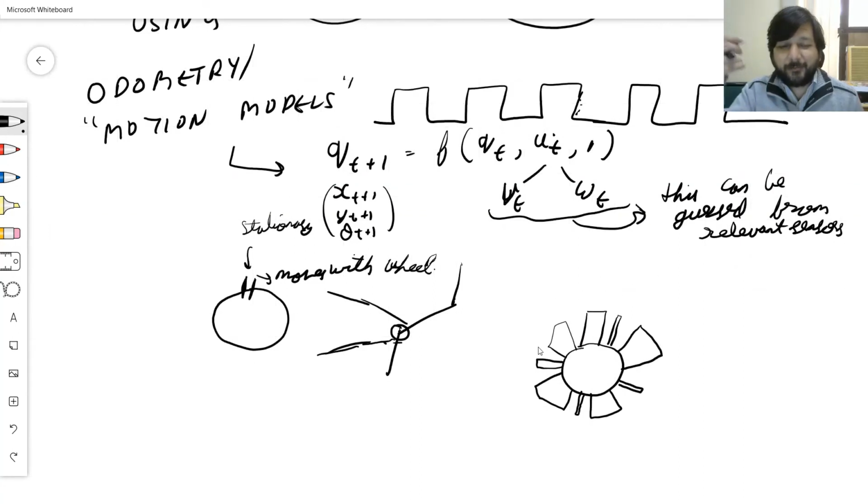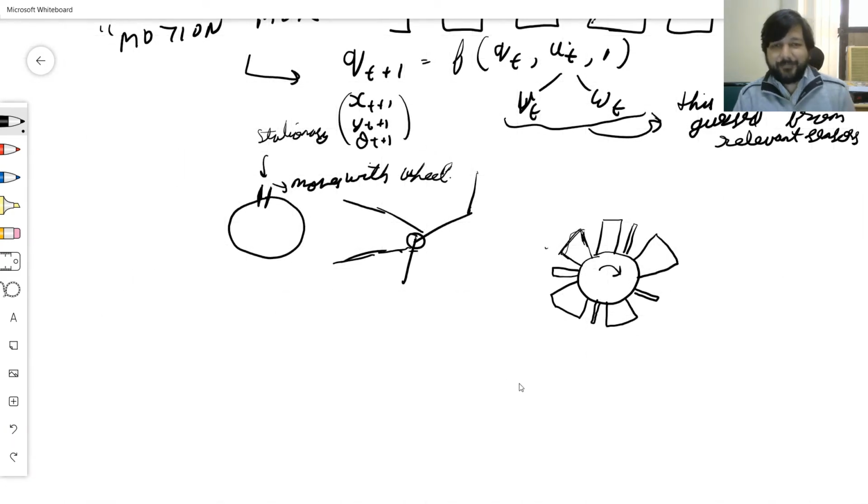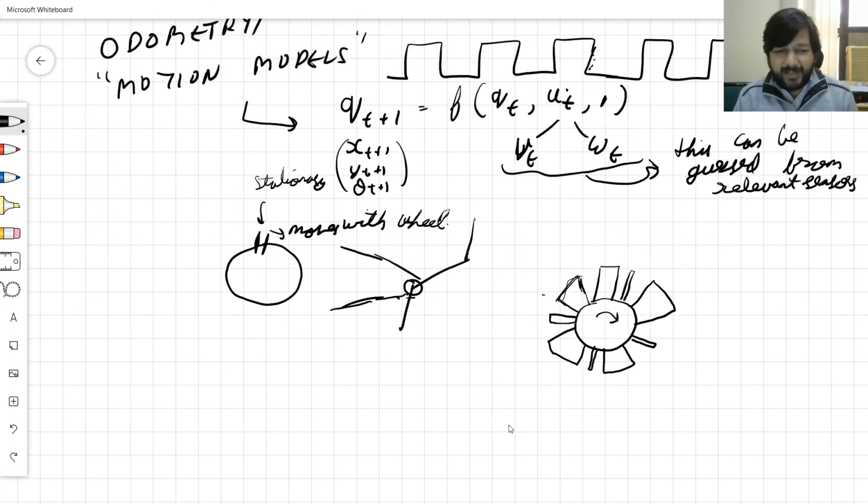So you're not counting, you're basically trying to measure the length of the spike over here, and by measuring the length of the spike you're trying to calculate what exactly is the position. You know at what speed the motor is rotating. You are controlling that approximately. So that's with the encoders.